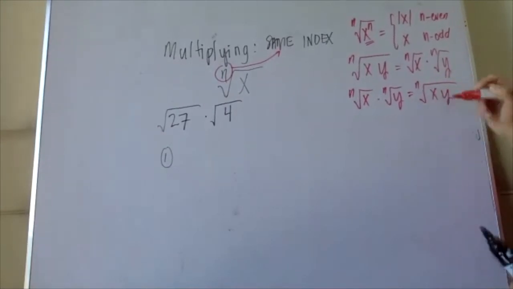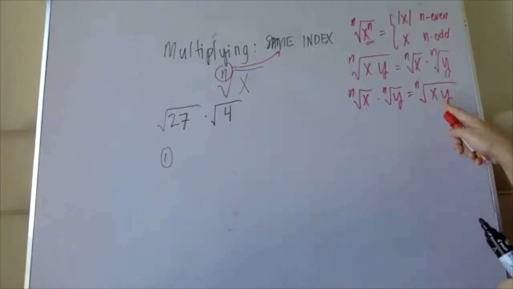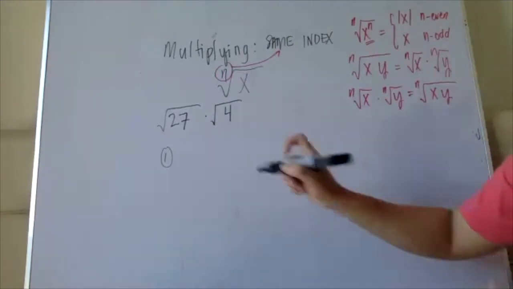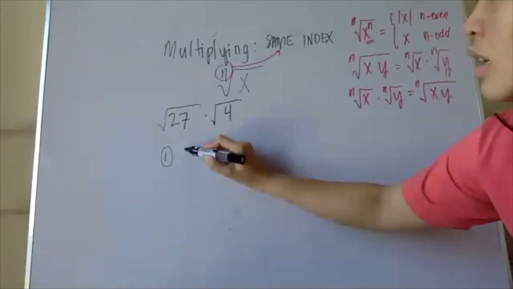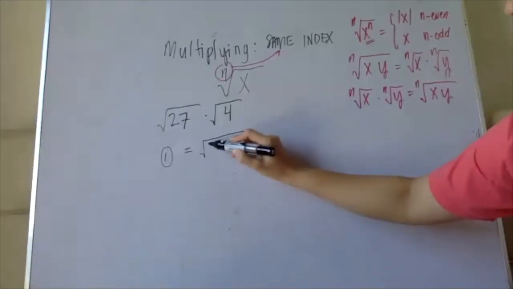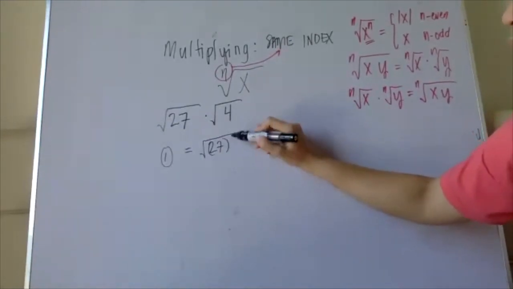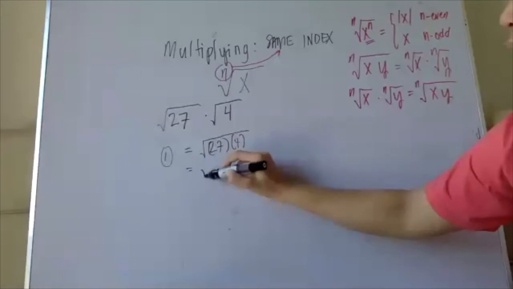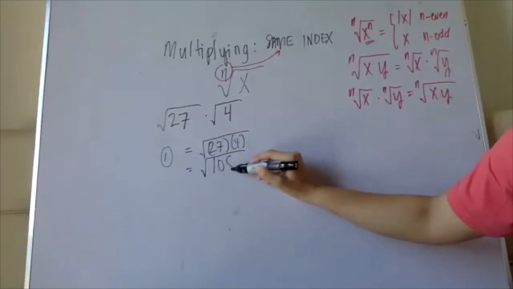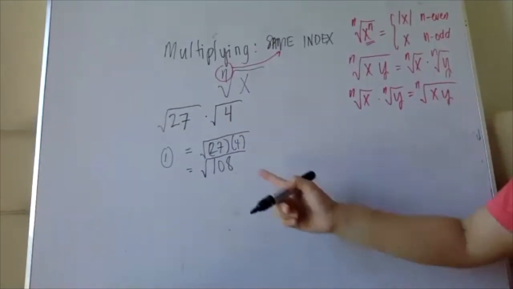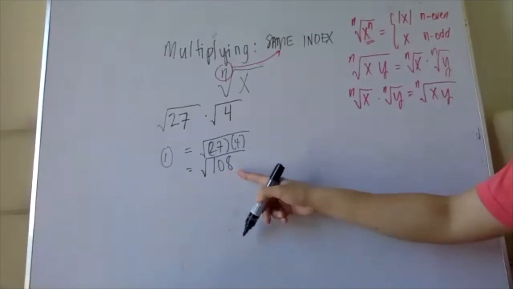The first method would be to multiply what's inside. Okay? So when we combine them, that's equal to 27 times 4, which is 108. Then from there, sorry, this is the prime factor.